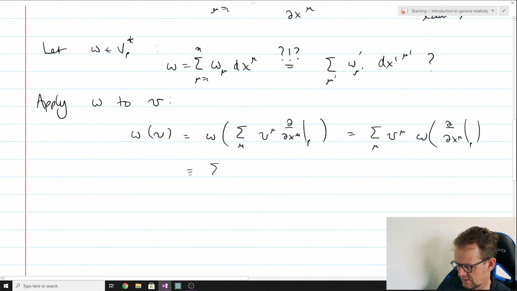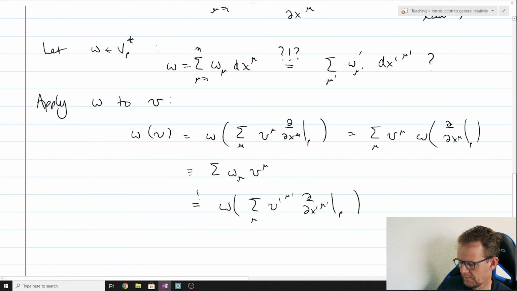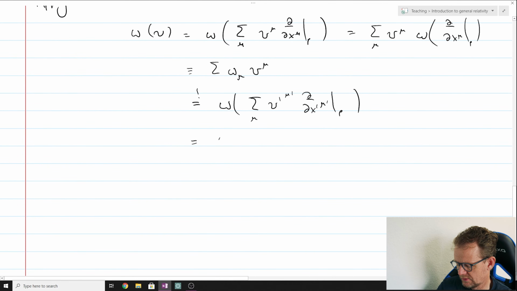Well, it produces omega_mu, the components in the original vector space. But this is also exactly the same quantity as if we had computed the vector in a new chart. We use the vector transformation law to write this vector in the new coordinate system in terms of the old, so we get a Jacobian factor.